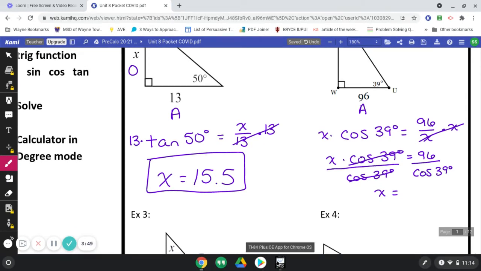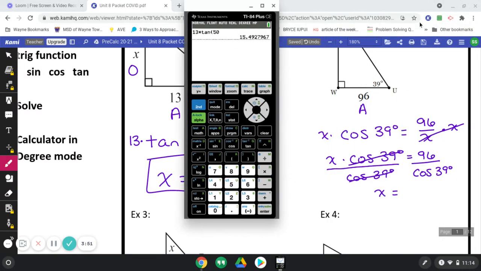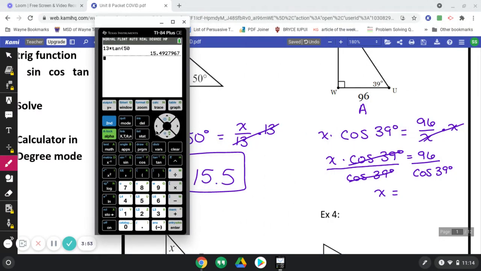I highly encourage you to practice this in your calculator just to make sure that you understand how your calculator is working. Still in degree mode. That gets us an answer of 123.5.